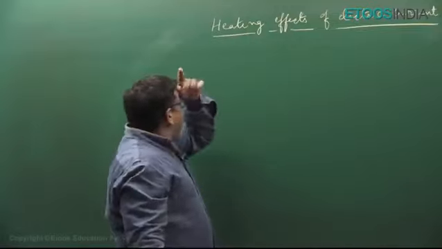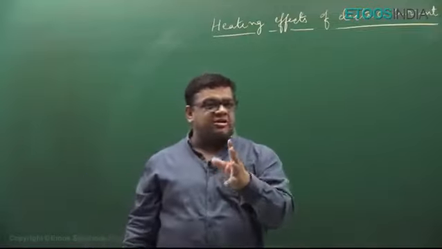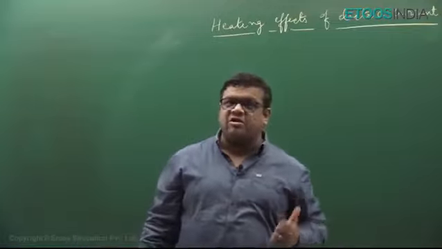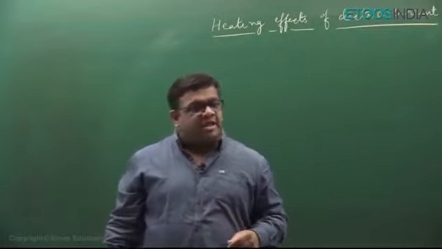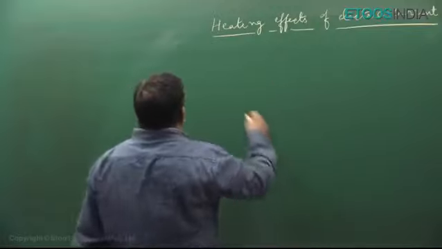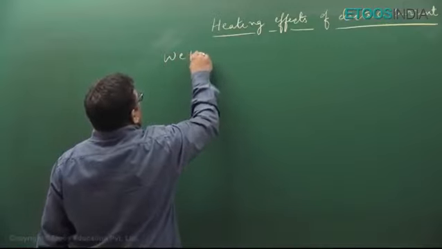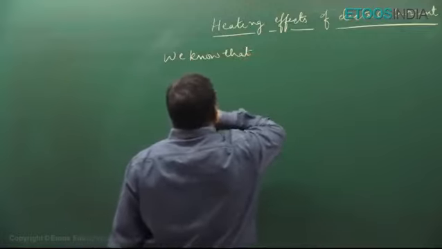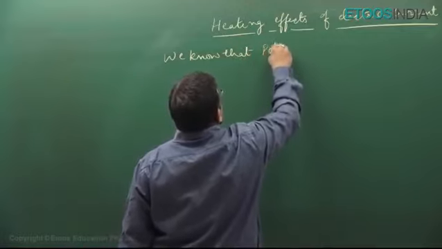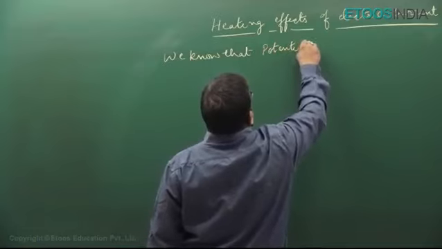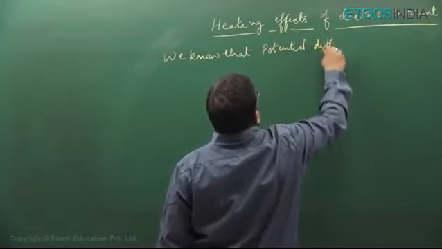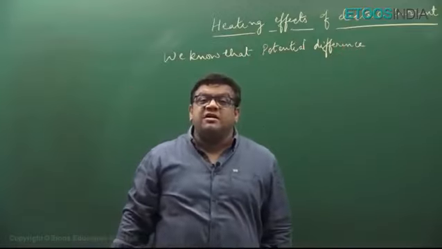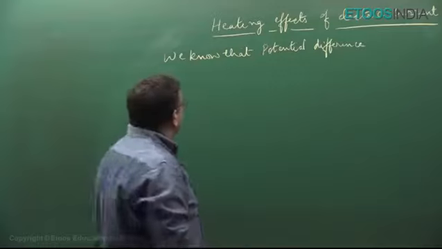Now, we need to derive certain formulas for doing calculations or to find the magnitude of electric current or the energy dissipated. We know that potential difference is work done in moving unit charge.